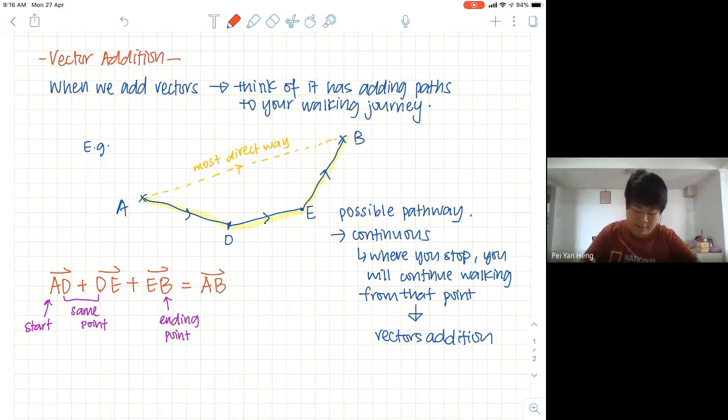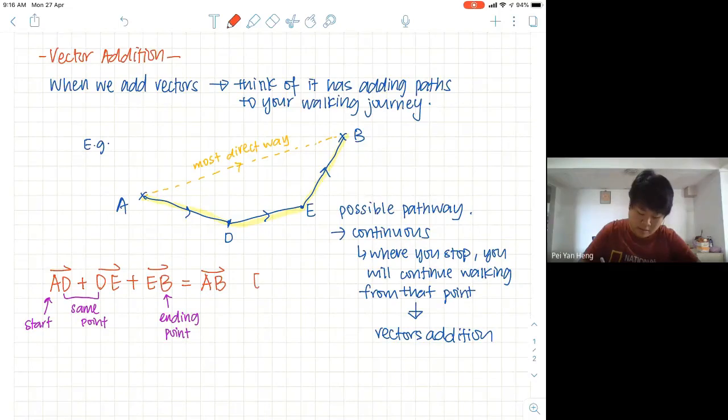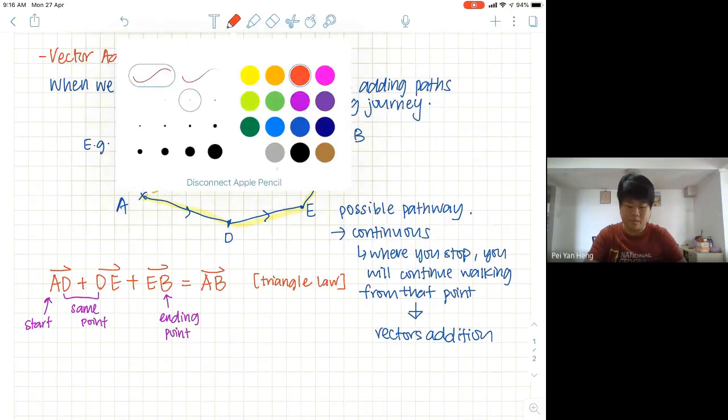So this is known as the triangle law. Why is it called triangle law?